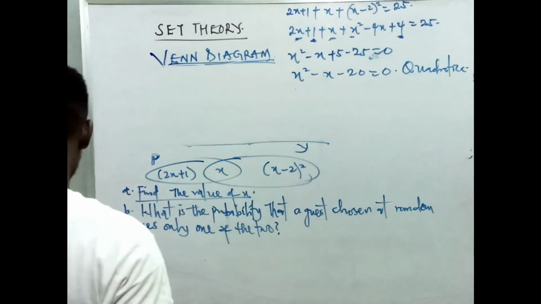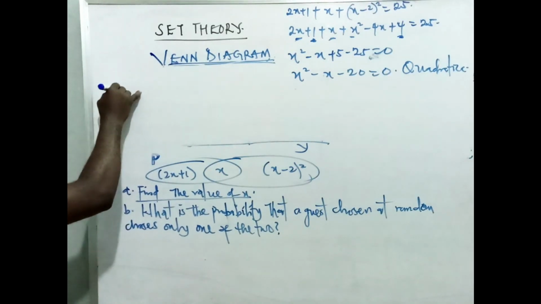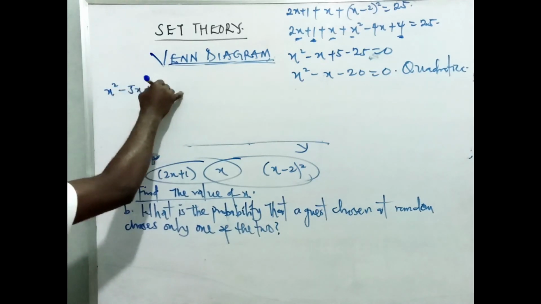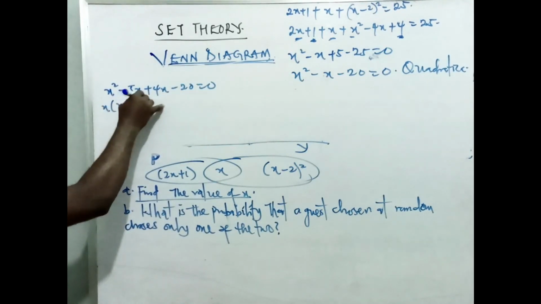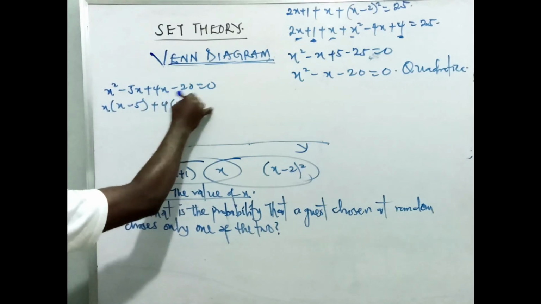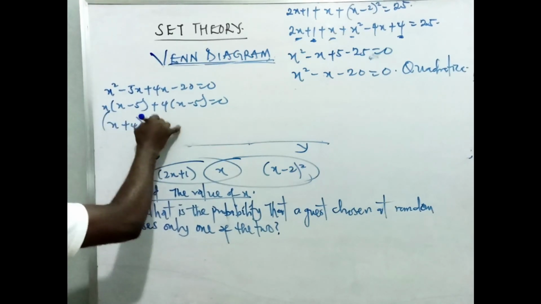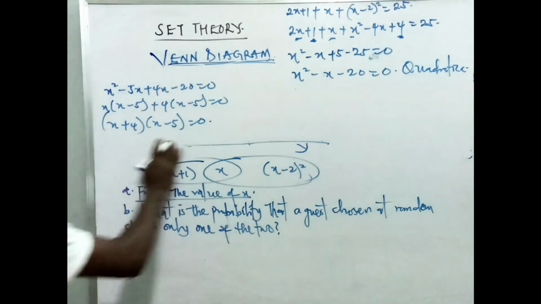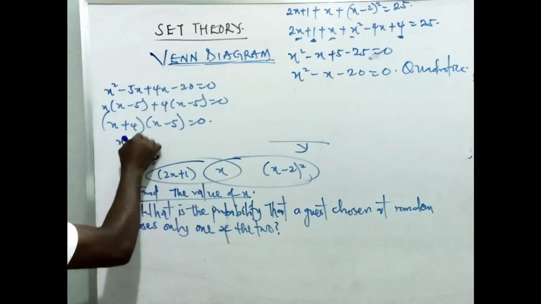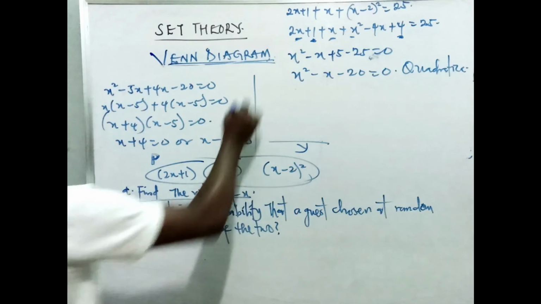Now, we have to solve this by factorization. What are the factors? Minus 5 and 4. So x squared minus 5x plus 4x minus 20 is equal to 0. What is common here? x. So x minus 5. What is common here? Plus 4, x minus 5. So x plus 4, x minus 5 is equal to 0. So x plus 4 is equal to 0, or x minus 5 is equal to 0.